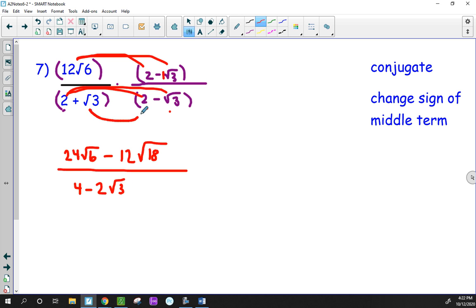Inside, square root of 3 times 2, they're both positive, so I'm going to get a positive back, 2 radical 3. And then last, this term times this term, positive times negative is negative. You can do 1 times 1 if you want to. Square root of 3 times the square root of 3 is the square root of 9.